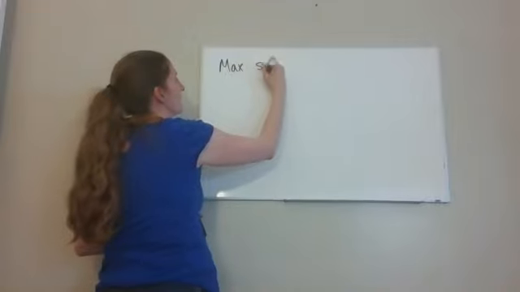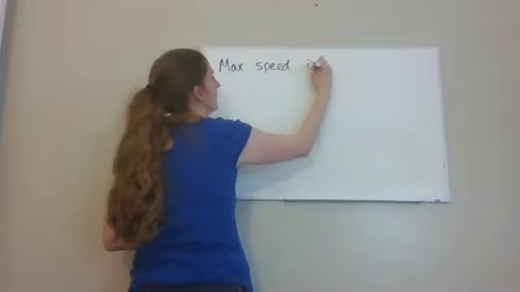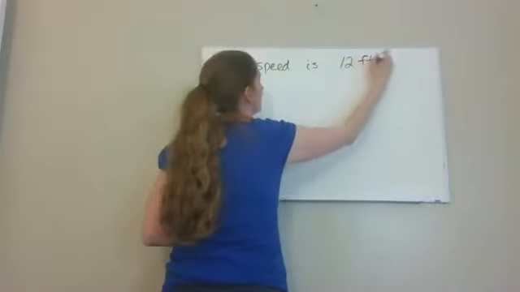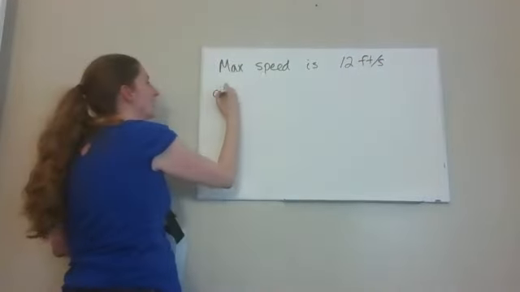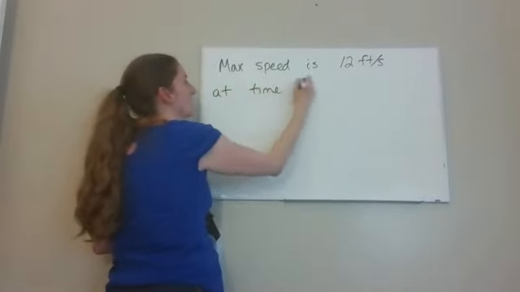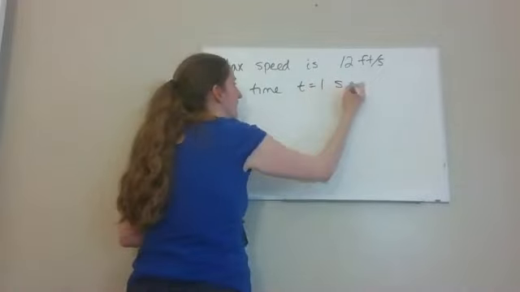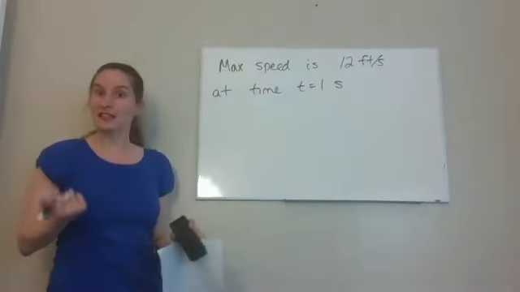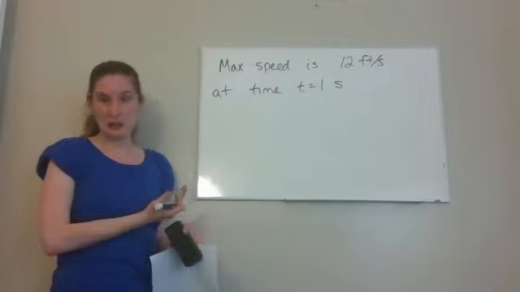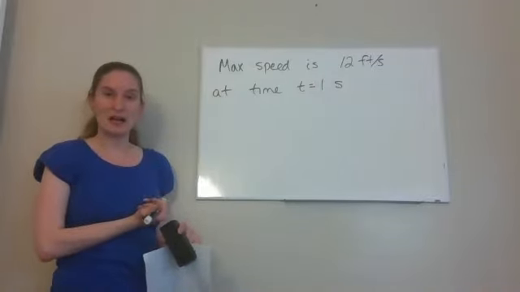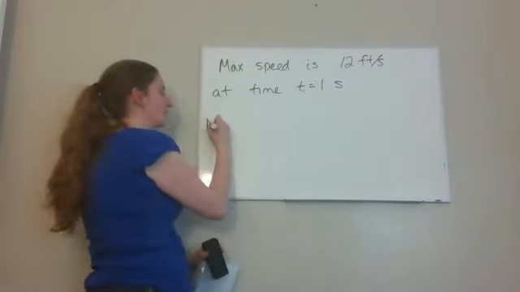So my maximum speed was 12 feet per second, and that was at time t equals 1 second. Now, even though they didn't ask us, we already did all the work to get the minimum speed as well. So I'm just going to answer that.